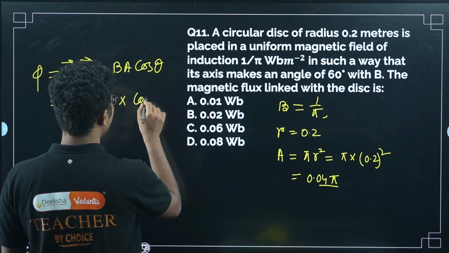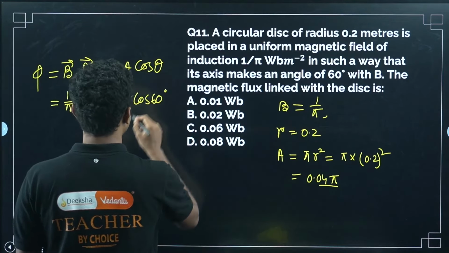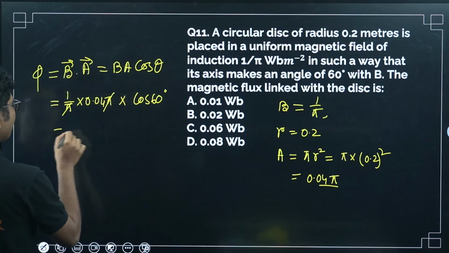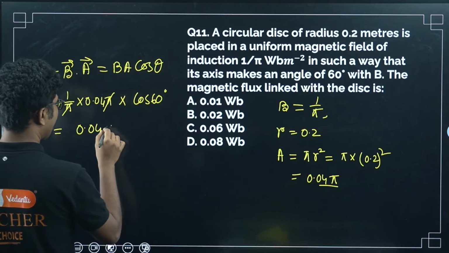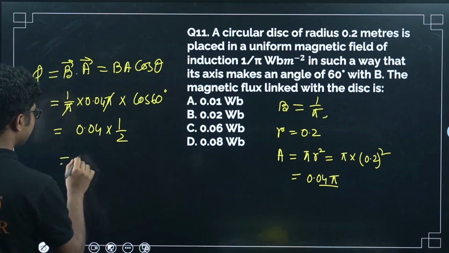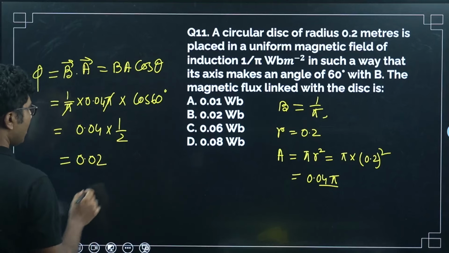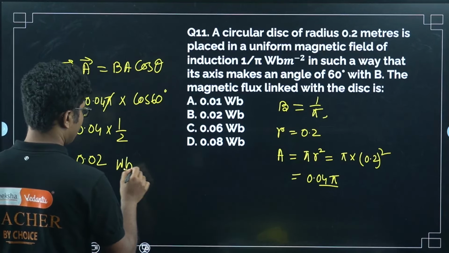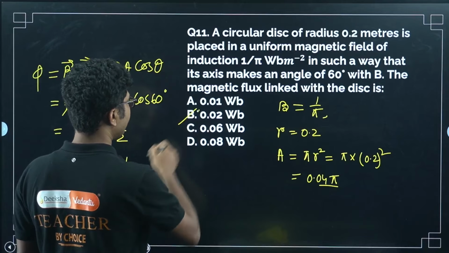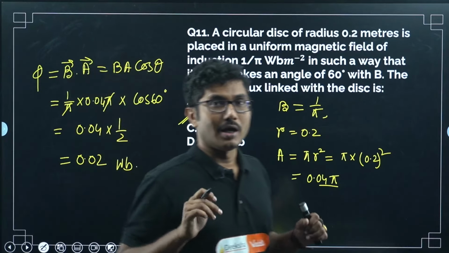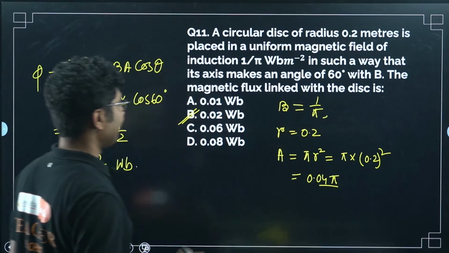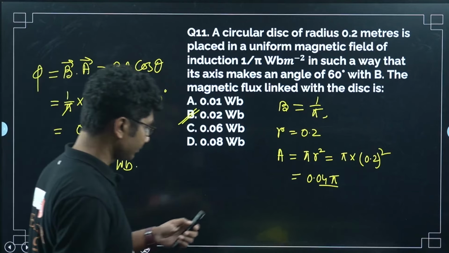Cos 60 means what? Cos 60 means half, right? So it will be 0.04 times half, that is 0.02 Weber. Okay, so 0.02 Weber is the correct flux linked with the coil.